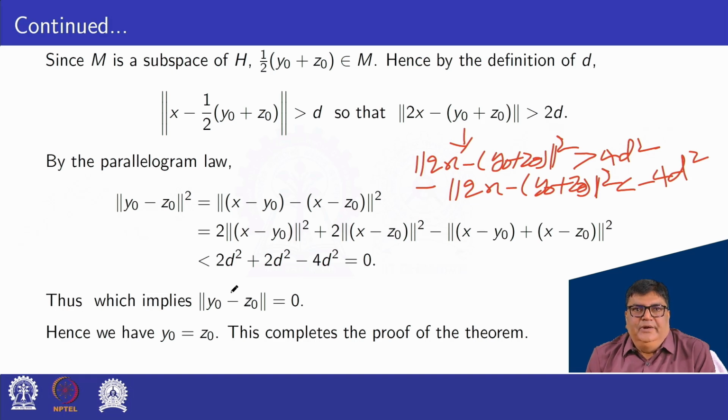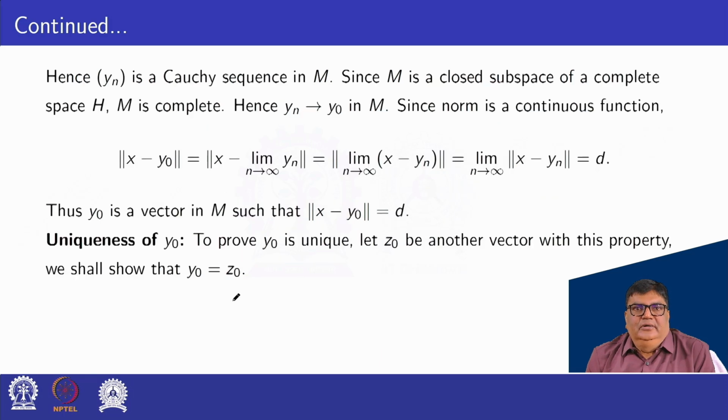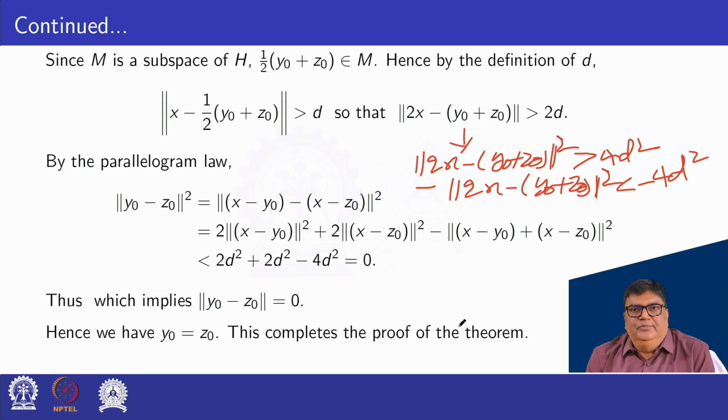Which implies that the norm of y0 minus z0 squared is equal to 0, that is, the norm of y0 minus z0 is equal to 0. Hence y0 is equal to z0, that is, y0 is unique. This completes the proof of the theorem.